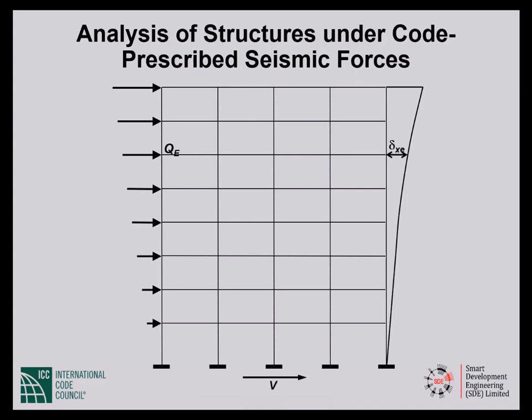So delta sub xe, very important notation, E for elastically computed. Delta sub xe is elastically computed deflection at floor level x under the code prescribed seismic forces, which means the design base shear of the code distributed along the height of the structure in the manner prescribed by the code.